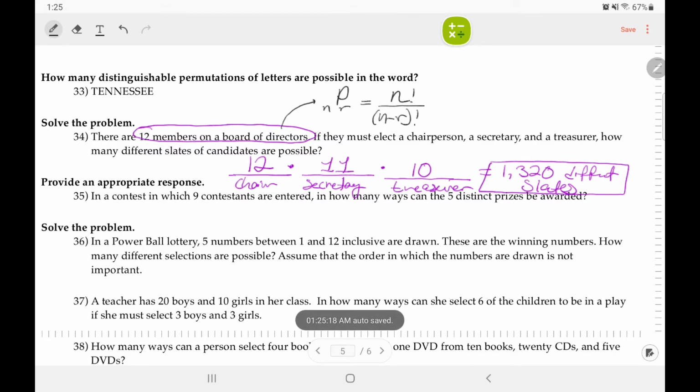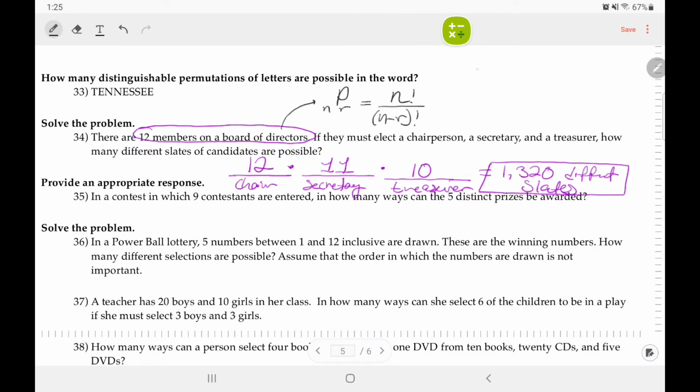There are 12 members, so that's my n. And we have 3 positions: a chairperson, a secretary, and a treasurer. So r is 3, and the order does matter, and I'm not repeating people. So that's going to be 12 factorial divided by (12 minus 3) factorial.